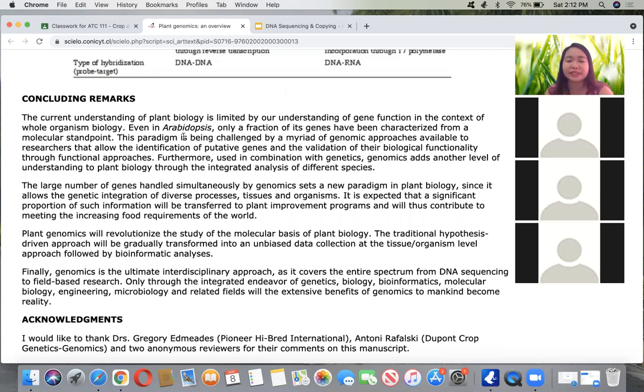Arabidopsis is one of the first plants that have been mapped all throughout, so all the characteristics of Arabidopsis and the genes responsible for those are already mapped and identified. There are also genomic tools and methodology available to researchers.